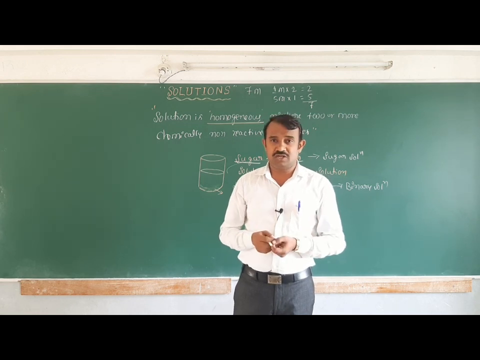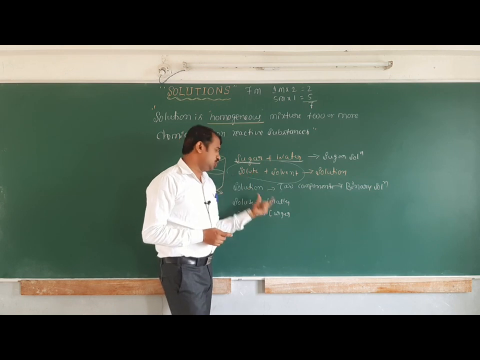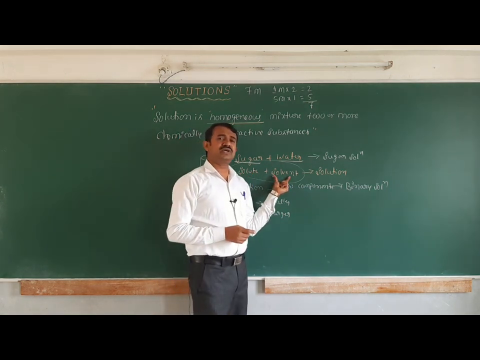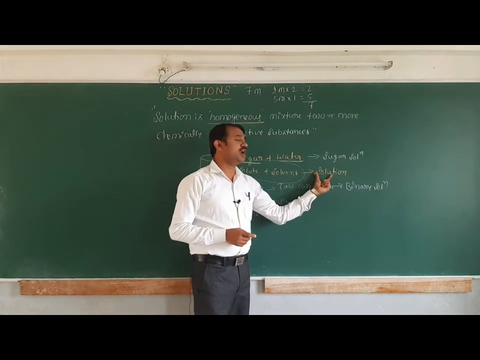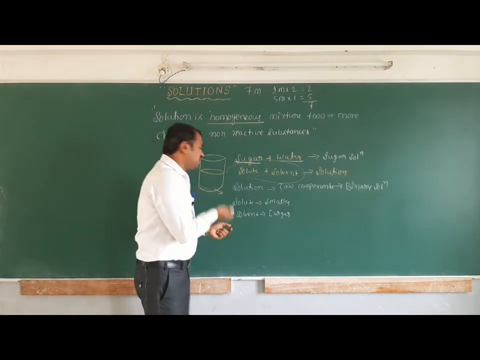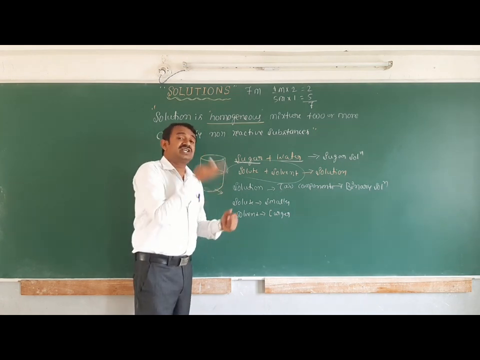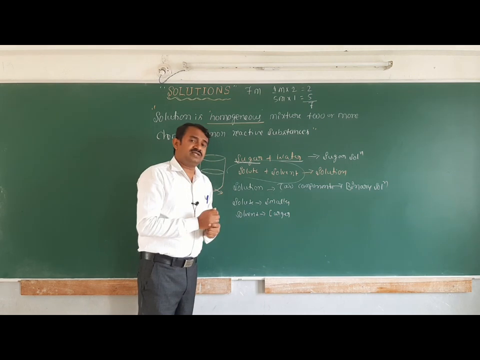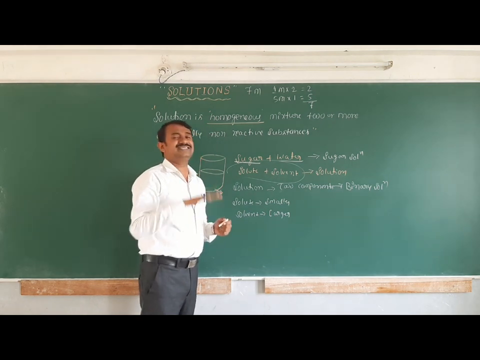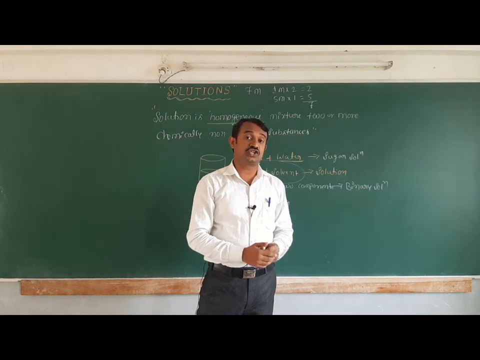Sugar, the small component, is called the solute. Water, the large component, is called the solvent, forming a sugar solution. If we add more sugar, the concentration increases. If we add more water, the concentration decreases. That is the increasing and decreasing of the concentration of the solution.